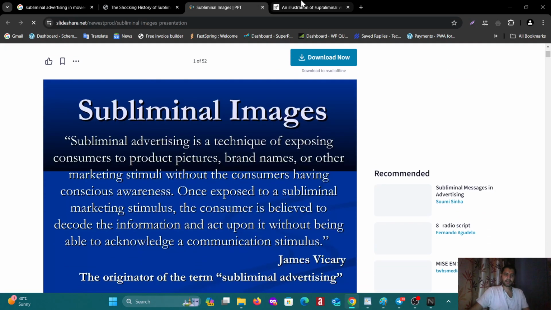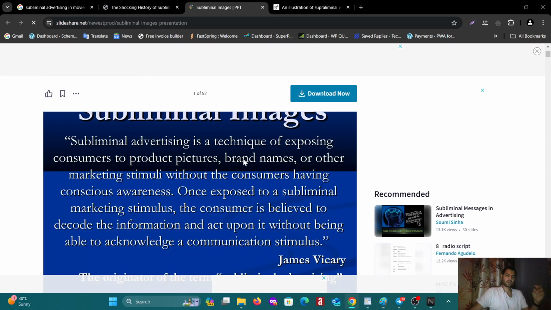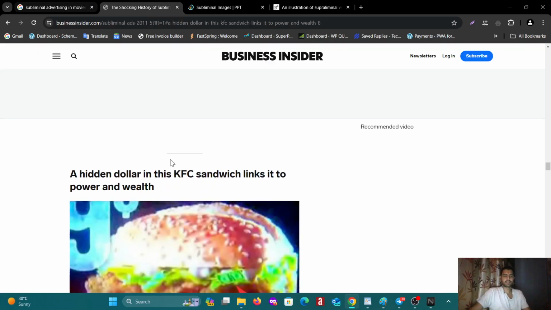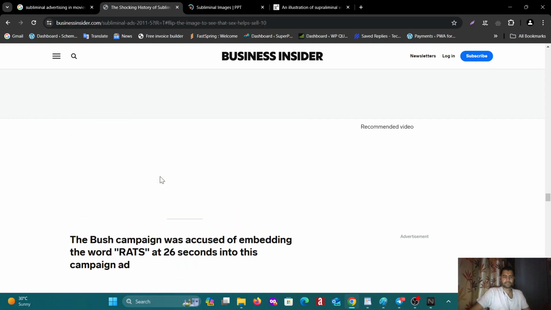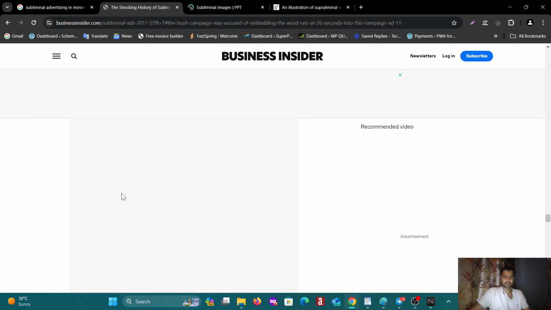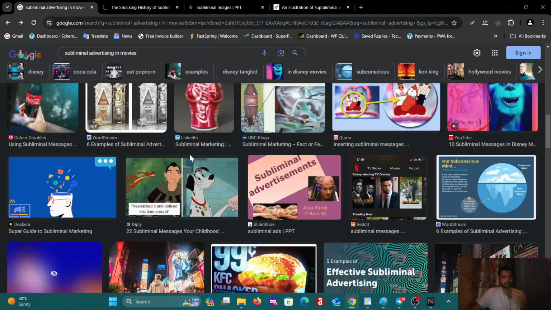So the subliminal effect simply means subliminal advertising. It's a technique of exposing consumers to product pictures, brand names, or other stimuli without the consumers being consciously aware of them. So let me put it this way. If you see there, I'm not sure whether it is Burger King or, yeah, perfect.